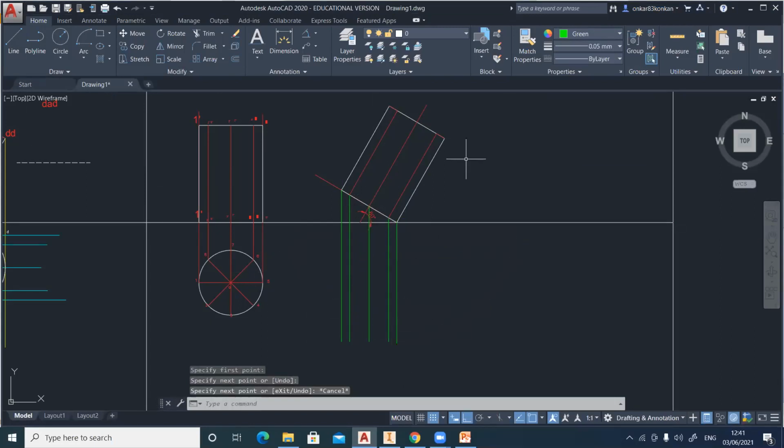Similarly, take the projections from the first stage top view.